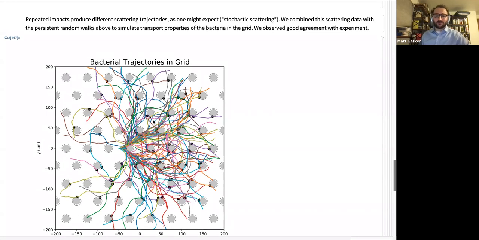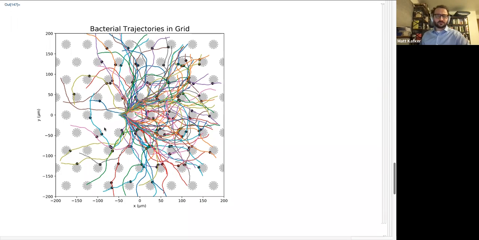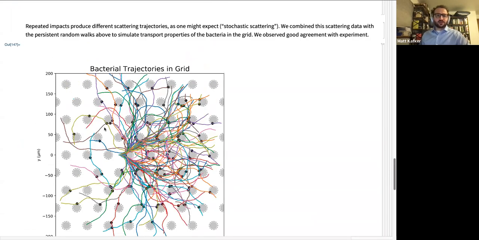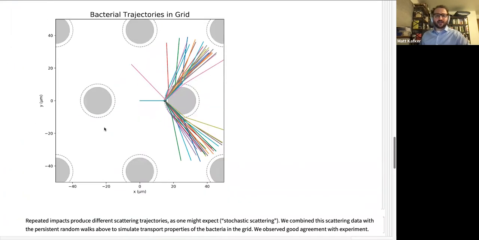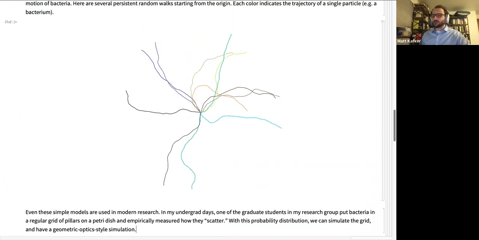And an interesting combination of these techniques. And also one of these examples of actual scientific research being done using basically forward Euler style integration, and that's totally sufficient for the task at hand. Yeah, okay, so that's bacterial scattering and random walks and things. Do people have any questions, comments about that?